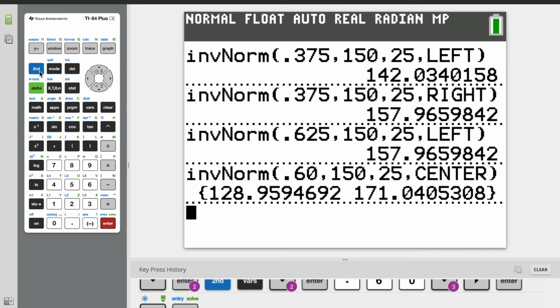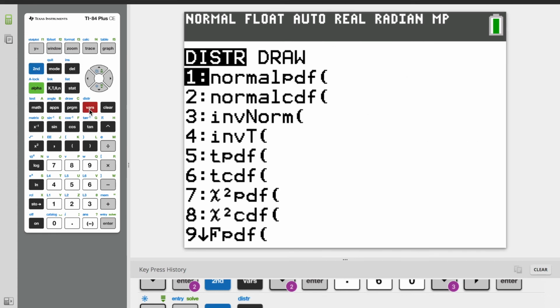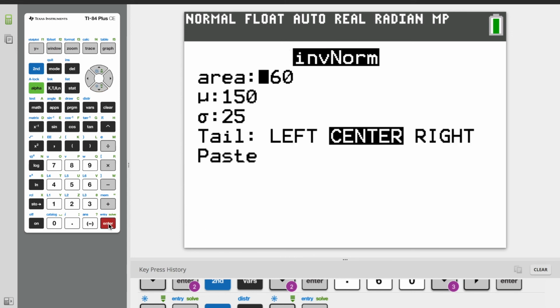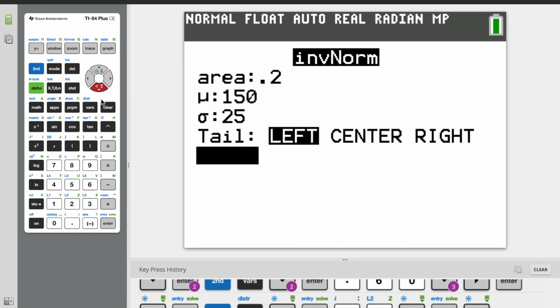But if you have a TI-83, you do not have the center option, and so you need to watch the previous video on how I figured out my less than probabilities for x1 and x2. But since that was already covered in the previous video, you can actually use 20% falls below x1, and it'll be a left-hand curve.